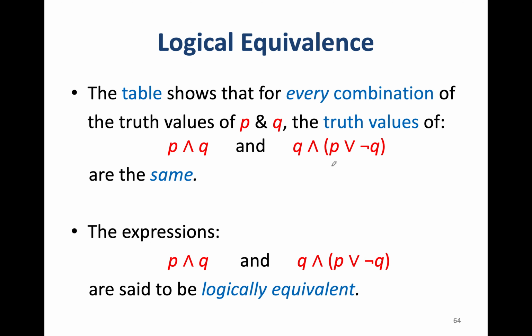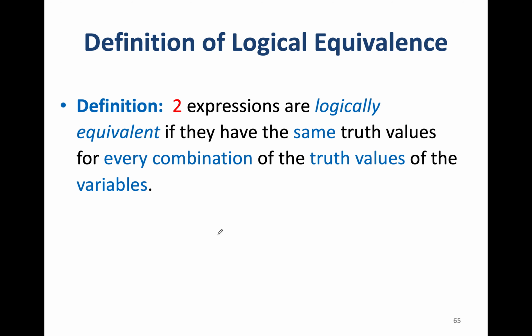All right, so let's see the last part of our session today, which is the logical equivalence. Now, if for every combination of the truth values of P and Q, the truth values of two expressions are the same, we call this logically equivalent.